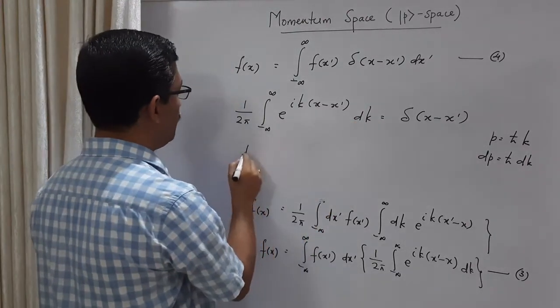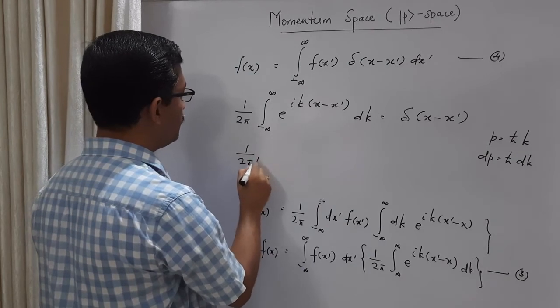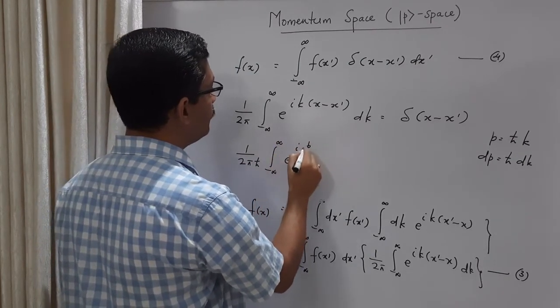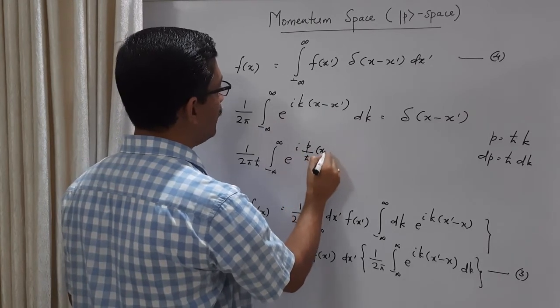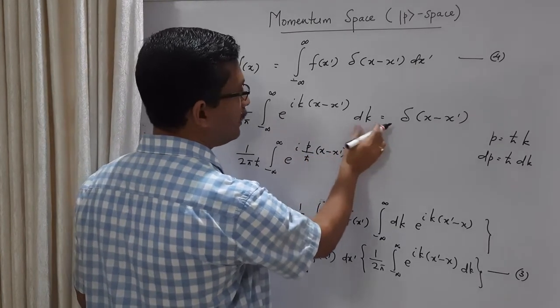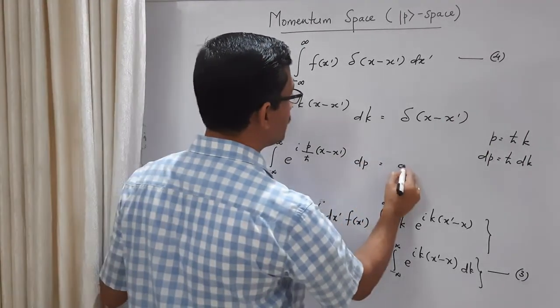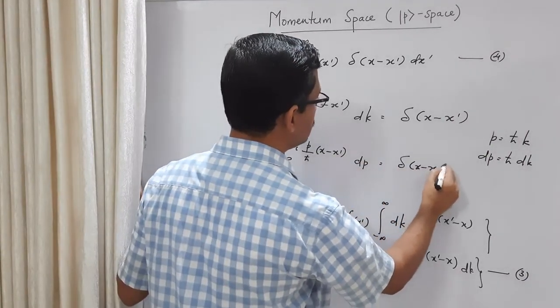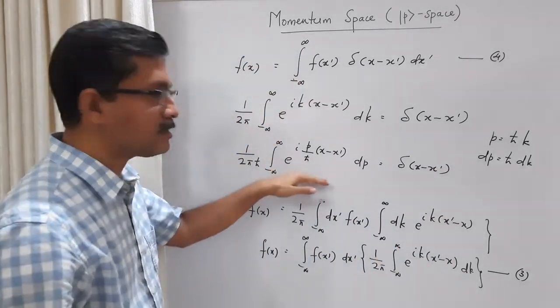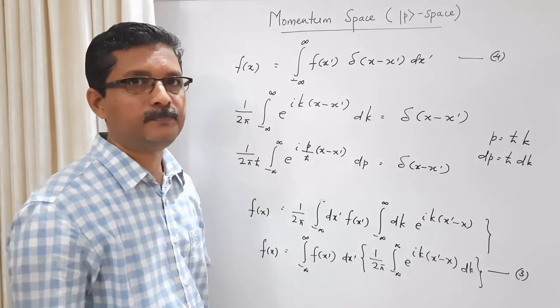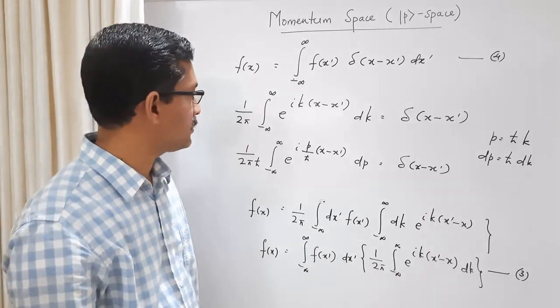Then that h cross will come out. We can write 1 by 2 pi h cross integral e raised to i p by h cross (x minus x prime) dp, since dk is dp by h cross, and h cross I have taken outside. This is the delta function. We have used this result in the derivation of the transformation function.